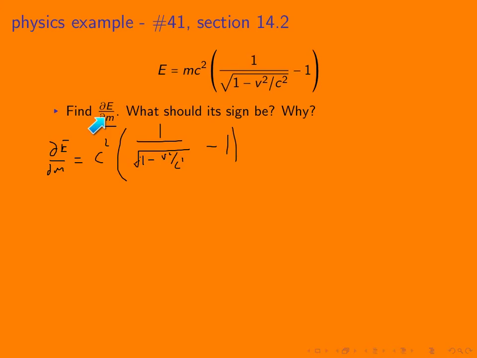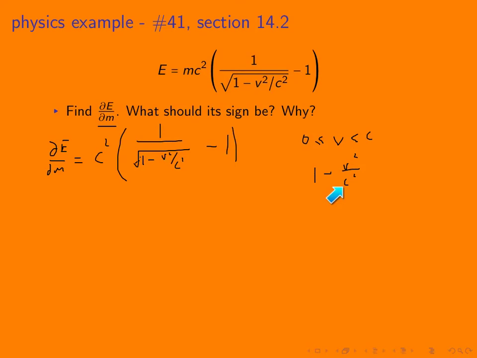Remember that we're going to assume that the velocity is always less than the speed of light, and in fact not negative. So if that's true, then this v squared over c squared term is a number between 0 and 1. So 1 minus that number is still a number between 0 and 1.